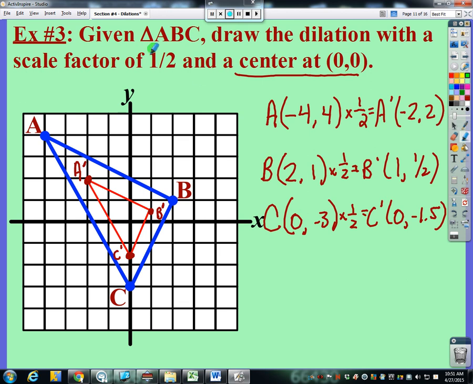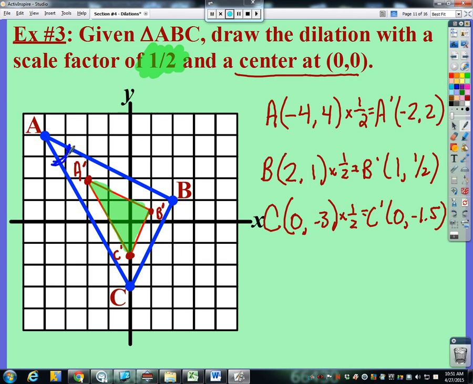Now, we definitely know since our scale factor was less than 1, we should have had a reduction, and our image indicates that things did reduce in size. The other thing I want you to notice is that this triangle really is similar to our original pre-image triangle ABC. It is smaller, so it has that 1/2 factor, but all the angles maintained their measurements.